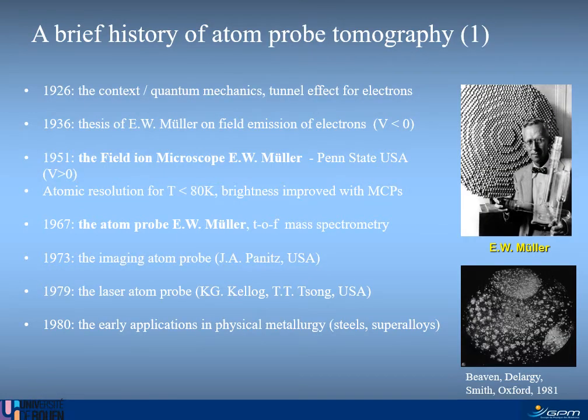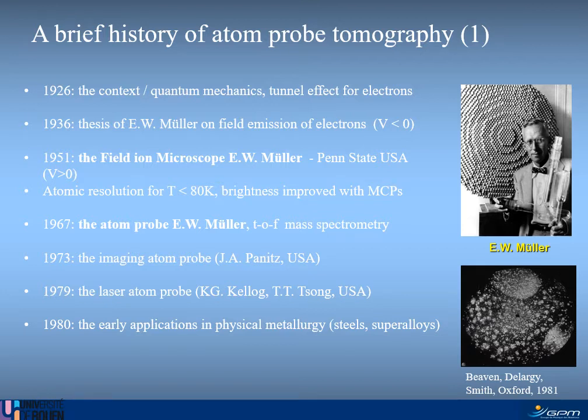So coming back to the history of atom probe tomography, we have to go back to 1926. The context at this time was the emergence of quantum mechanics and the discovery of the tunnel effect for electrons. This was in fact the starting point for the thesis of Erwin Müller. Erwin Müller is the inventor of field ion microscopy, but also of field emission of electrons for V negative. In 1951, instead of applying a negative voltage, Müller applied a positive voltage.